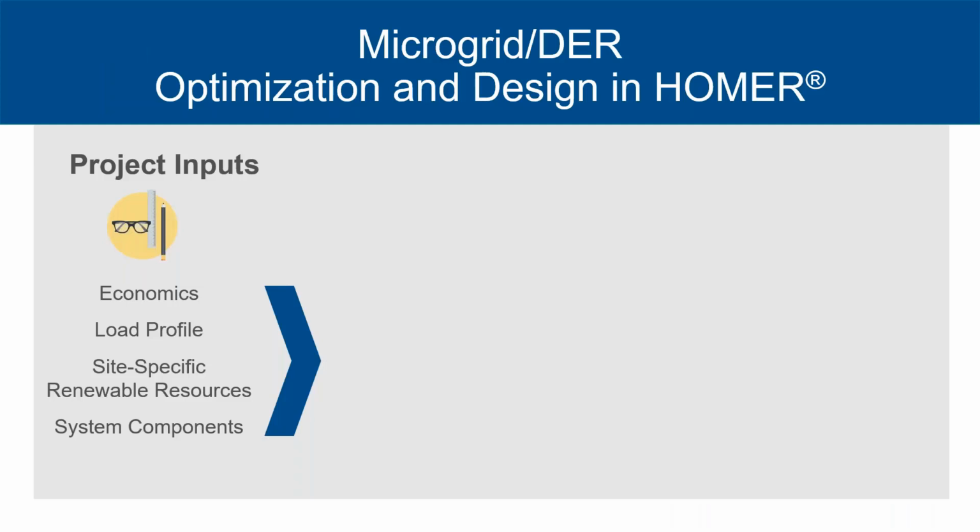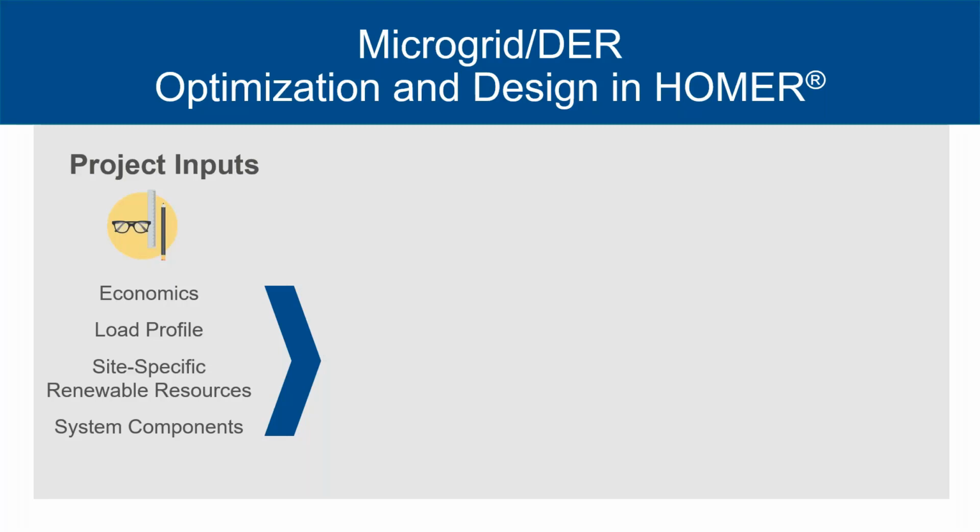So there are 3 main steps in using HOMER to design and optimize your microgrid or distributed hybrid energy system. First, you set up information on the economics, such as interest rate, your energy demand and load profiles, your location, which allows HOMER to then download renewable resources such as solar radiation and wind speed from the internet.